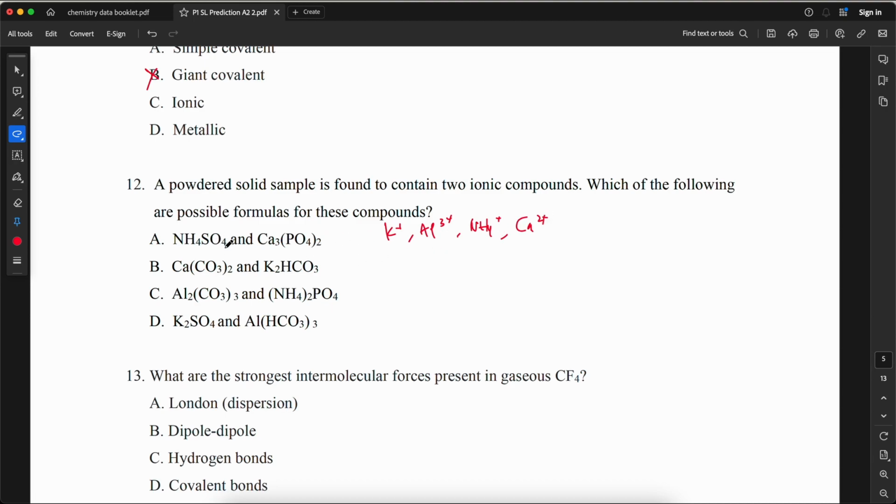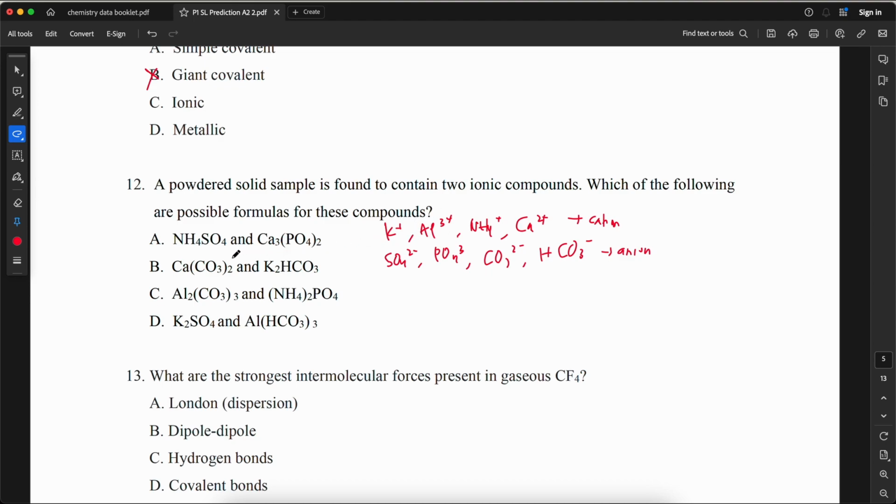For the anions, there are SO4 2 minus, PO4 3 minus, CO3 2 minus, and HCO3 minus. So these are the cations and these are the anions.